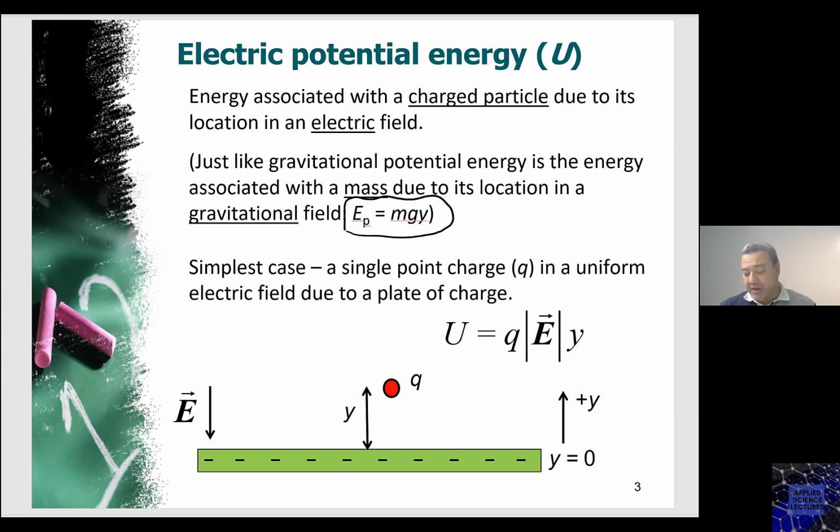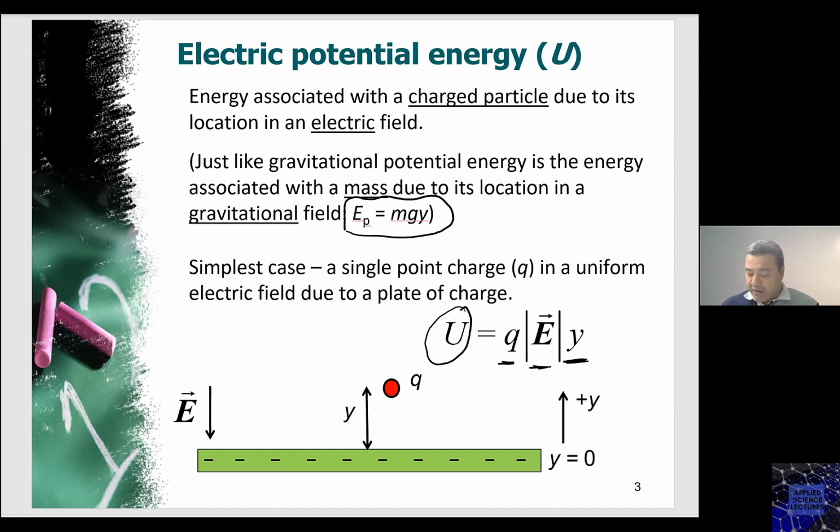So the electric potential energy, given by capital U here, is basically the product of the charge times the electric field times the distance from my reference. And as we'll see in the coming slides, we will be adopting different references based on the type of the electric field.